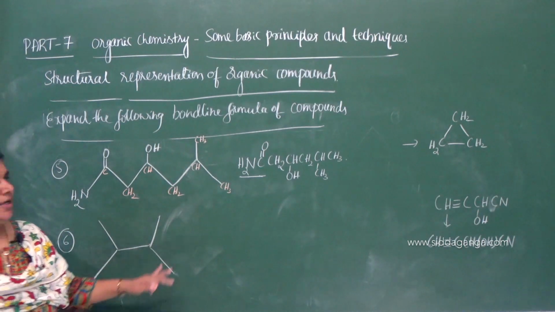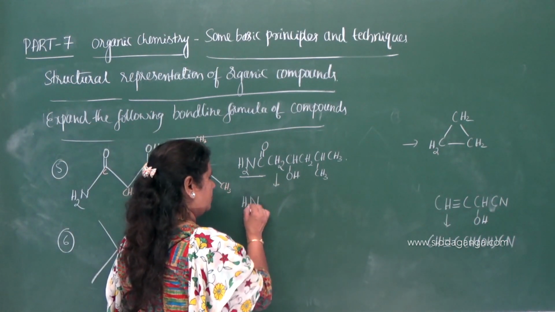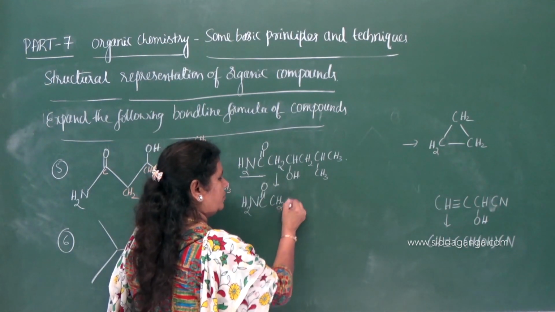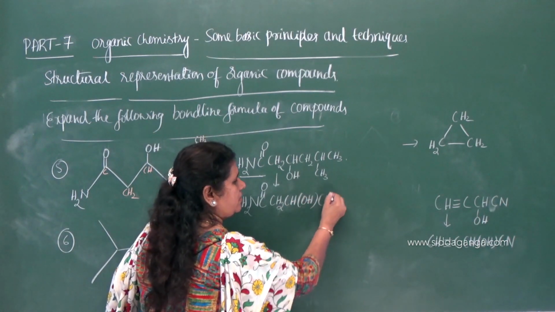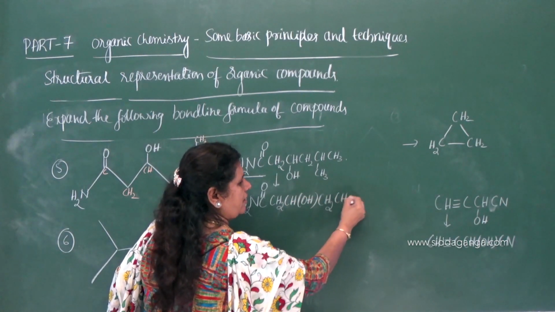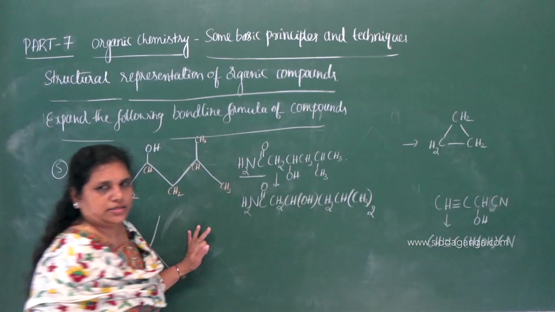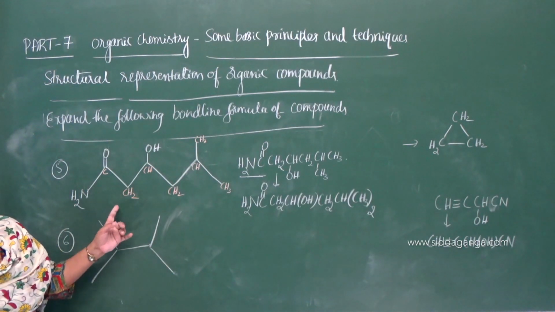Again you can write it in a condensed form. So NH2, C double bond O, CH2, CHOH, CH2, CH, CH3 taken twice. So this is the condensed form of this bond line formula.